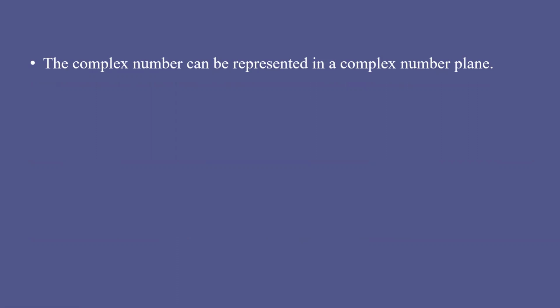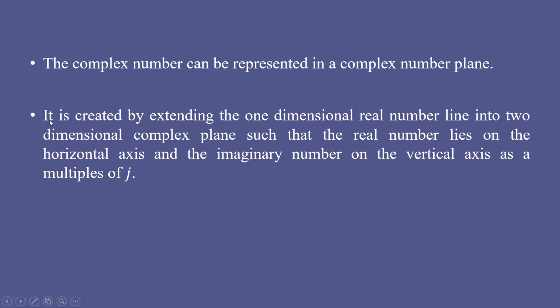The complex number can be represented in a complex number plane, which has two axes. It is created by extending the one-dimensional real number line into a two-dimensional complex plane, such that the real number lies on the horizontal axis and the imaginary number on the vertical axis as multiples of j. So instead of x and y coordinates, we take the real coordinate and imaginary coordinate.